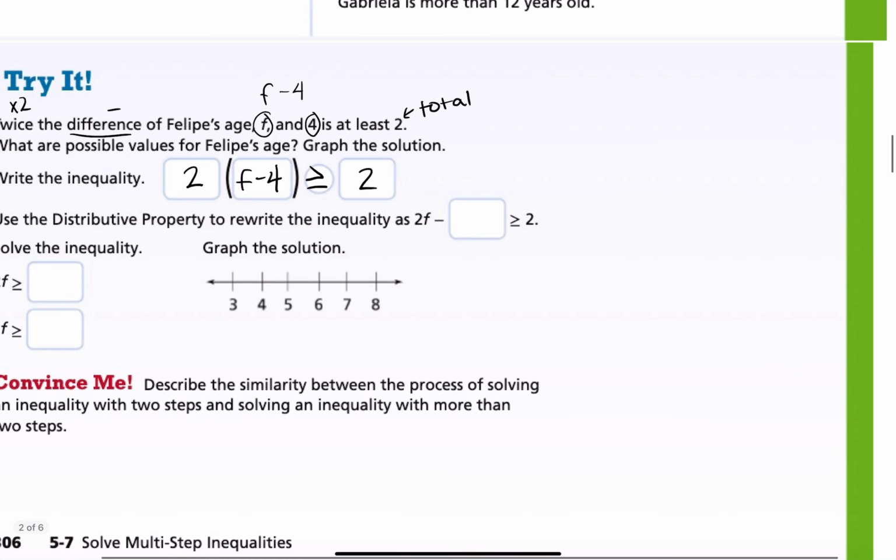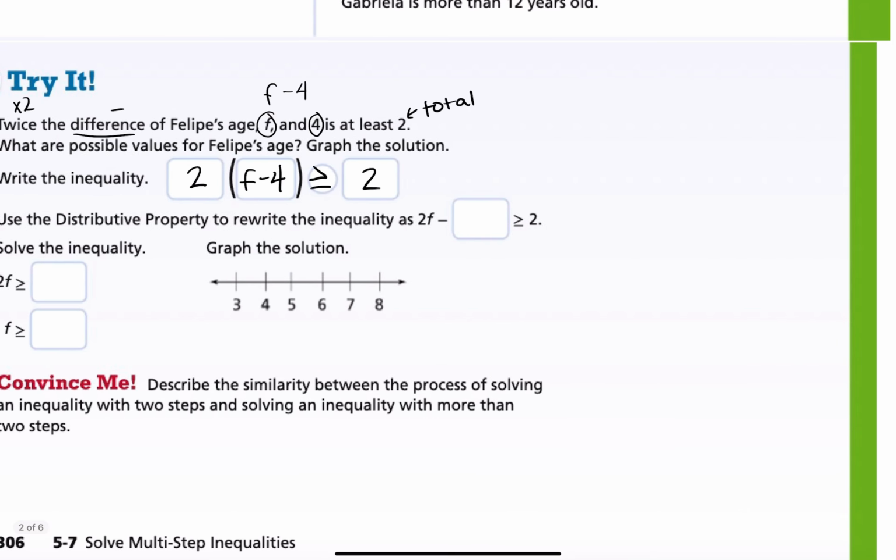So I'm going to write this out over here so it can look like how we would do it. The first thing we need to do is distribute that 2 to everything inside. So that is 2f minus 8 is greater than or equal to 2.